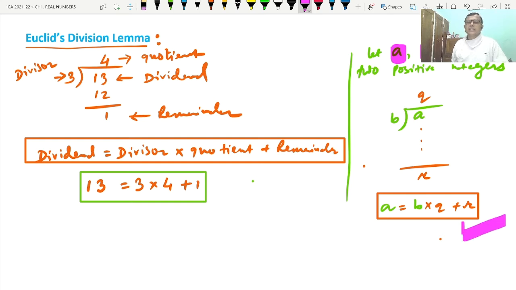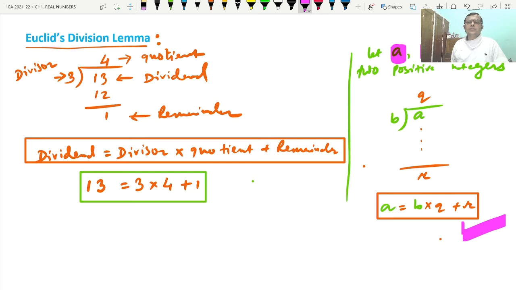This is known as Euclid's division lemma.